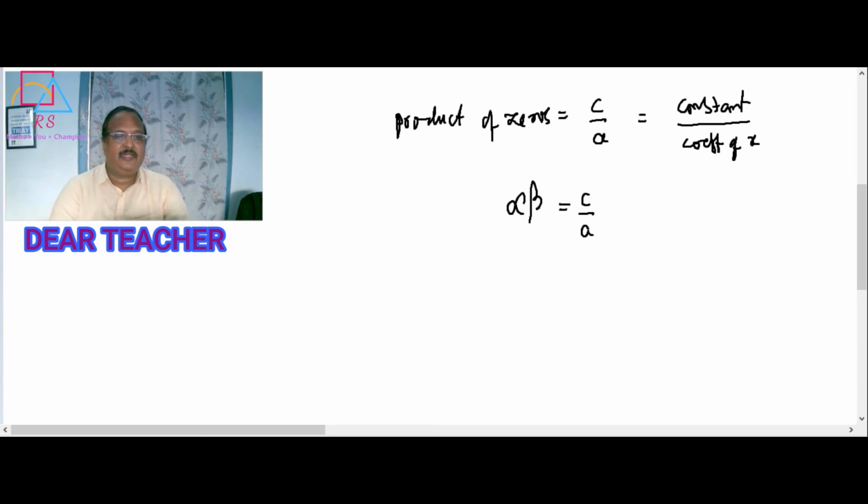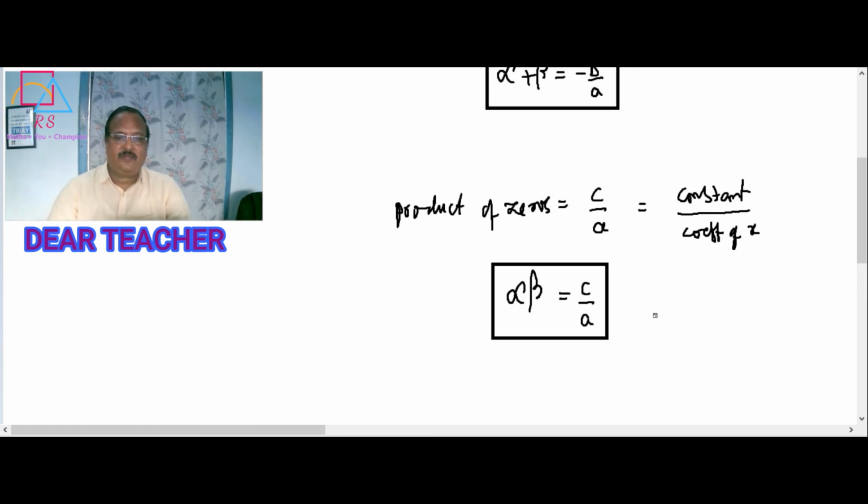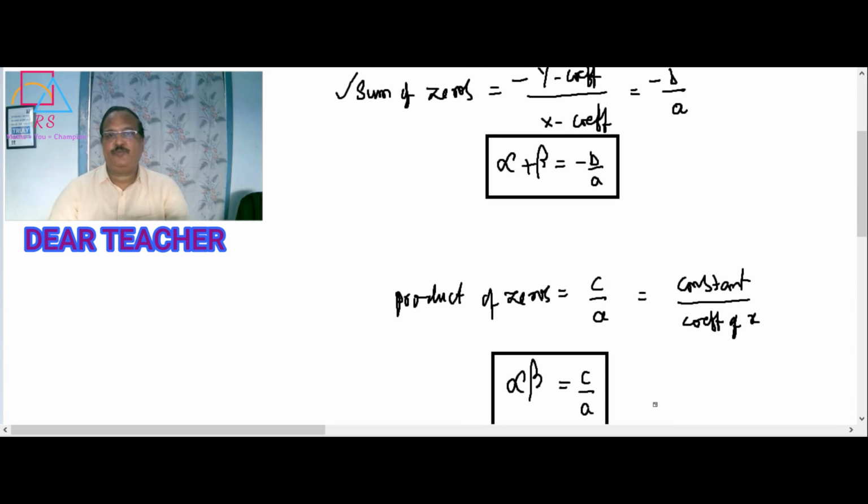There are two relations: alpha plus beta, and alpha into beta, the sum of the zeros and the product of the zeros. Don't use the word roots. Sum of the zeros alpha plus beta is equal to minus b by a, and alpha into beta is equal to c by a. These are the relations between zeros and the coefficients of a quadratic polynomial.